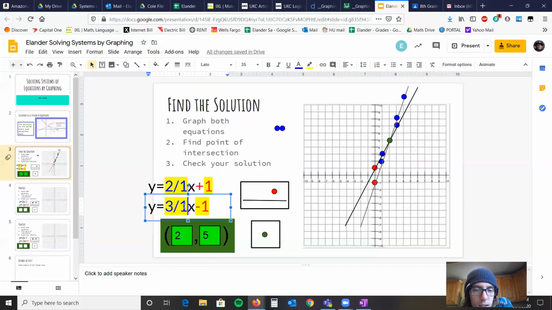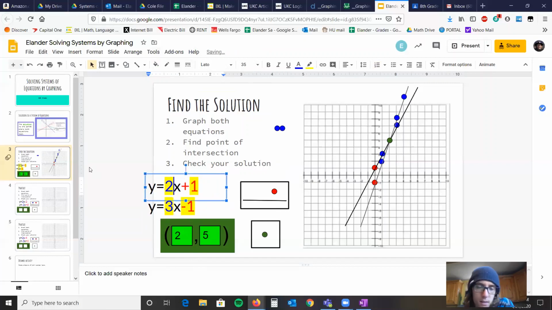So to check it, all we do is we take those values, and what do we do to check again, guys? What did we just go through saying? How do we check if we have a coordinate pair? What do you think?